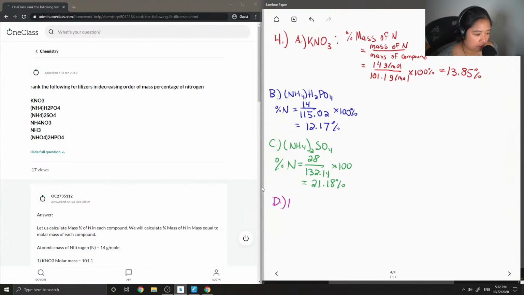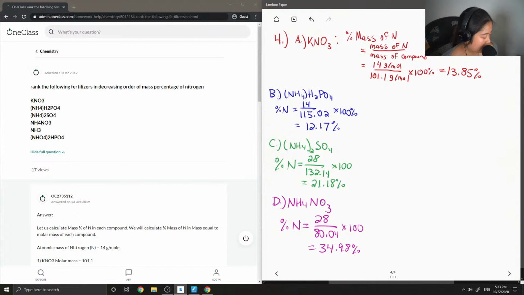Now for D. Again, there's 2 nitrogens present here. And then its molar mass is 80.04. So then this compound has a percentage nitrogen of 34.98. So that's winning now.